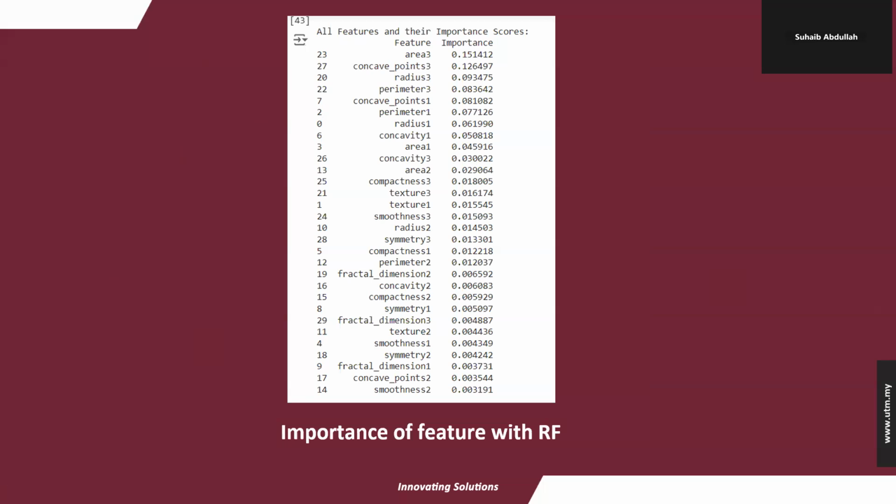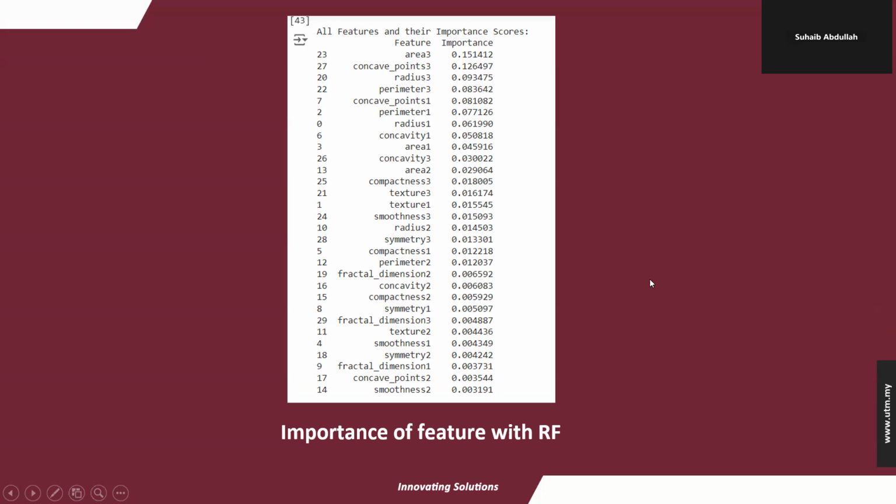It checks which feature provides better performance in order to classify. Based on that, it's organized in order of importance. You can see here area 3 has the best response, and then concave 0.3, radius 0.3, then concave 0.1. So these are ranked by importance.